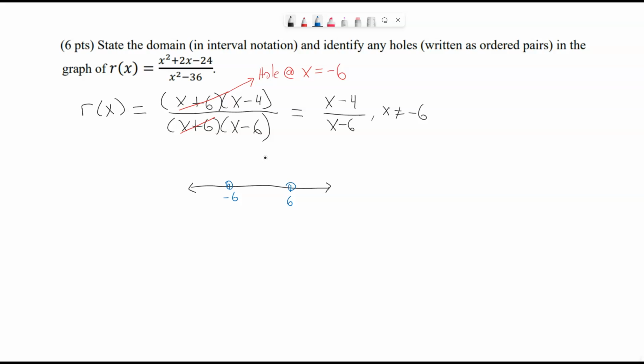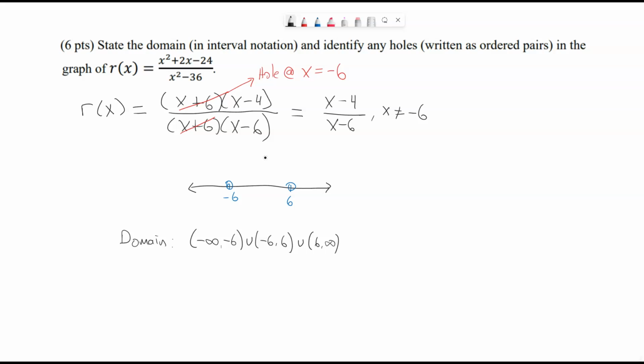So we can get the domain as the 3 intervals left over, specifically from negative infinity to negative 6, soft bracket, don't include the hole, union from negative 6 to 6, soft brackets, don't include the hole or the divide by 0 vertical asymptote, and then union from 6 to infinity. Again, soft brackets because you don't want to divide by 0, and infinities can't be included.